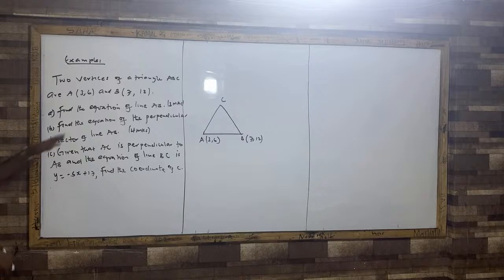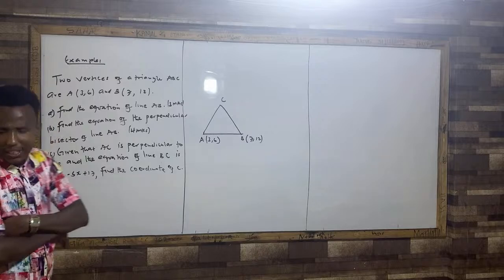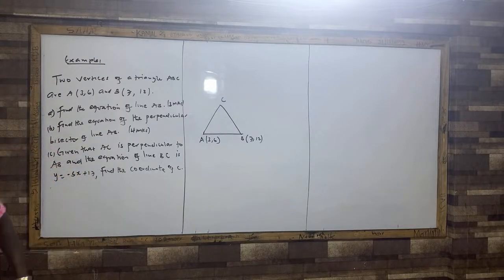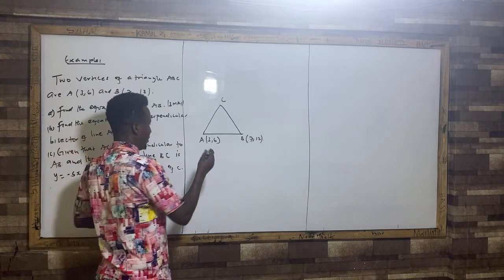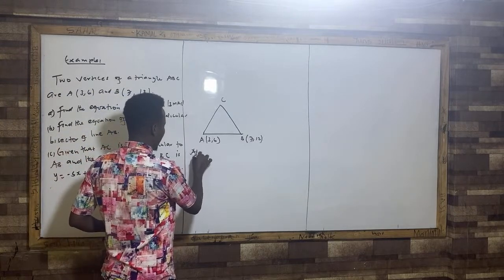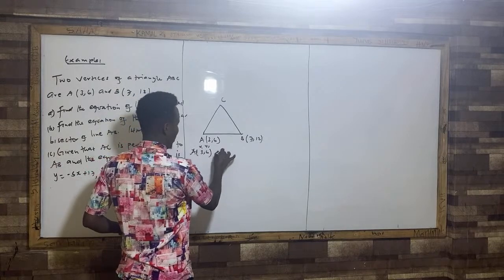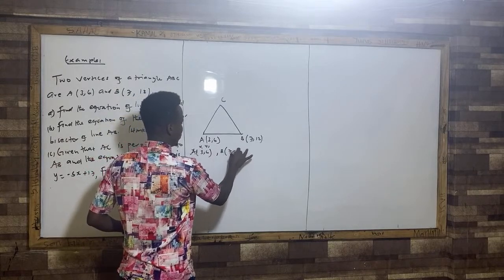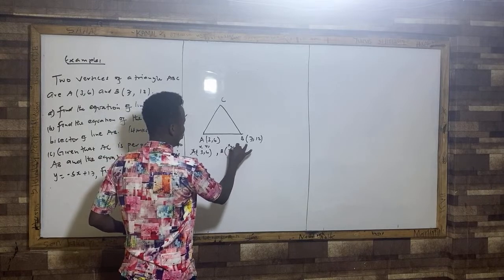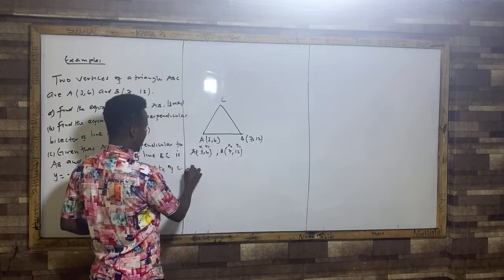You are told to find the equation of line AB. That's very easy. Getting the equation of AB is very easy, because I have my A as (3, 6), this is x1, y1, and B as (7, 12), this is x2, y2. Let me get the gradient.